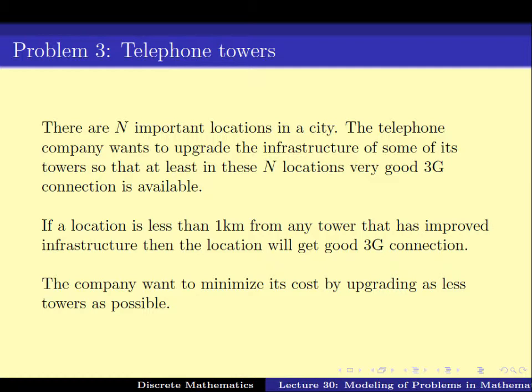For that, there must be at least one tower within a radius of 1 kilometer that has the 3G option. So the company now has to decide to minimize the number of towers it wants to upgrade so that every location in the city gets the 3G option. What is the best set of towers to upgrade?